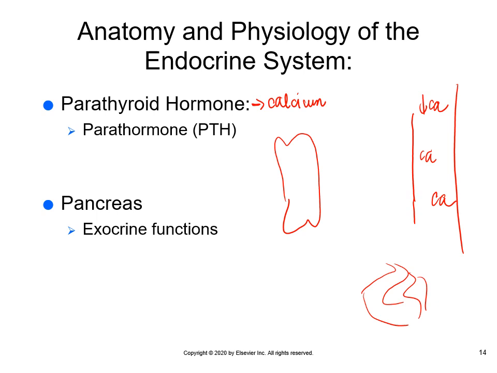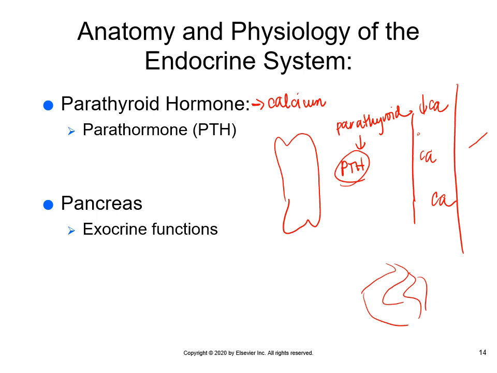All right, the parathyroid gland is going to secrete parathyroid hormone. Okay, that parathyroid hormone's function is to make sure that the calcium right here is being regulated, and there's going to be more calcium here because now it's detecting there's low calcium in the blood. We have a hypocalcemia here.